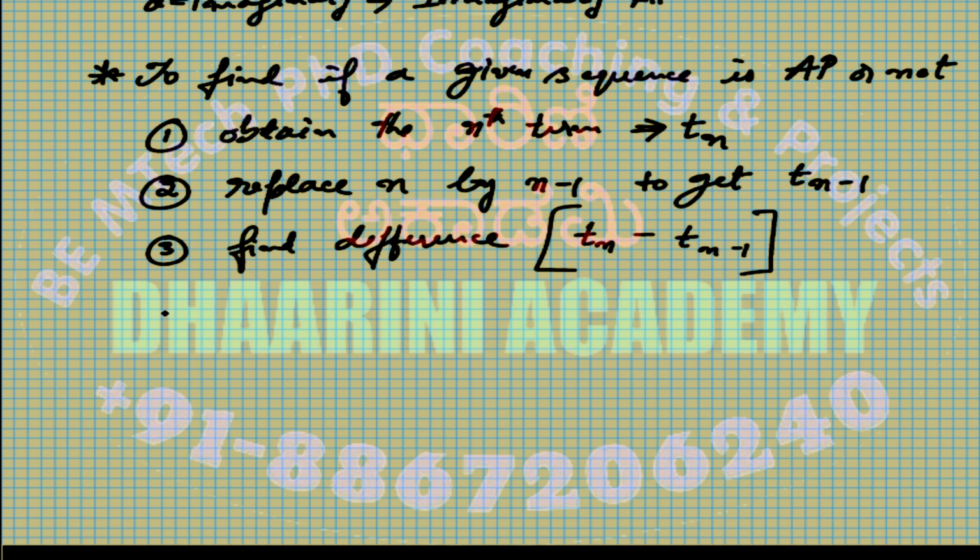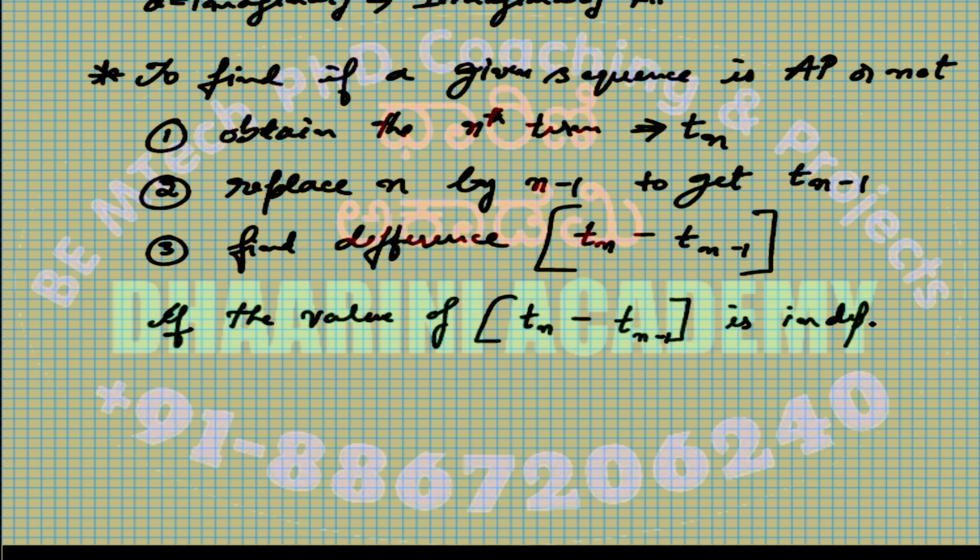So how to identify? If the value of this difference, Tn minus Tn minus 1, is independent of n, so there should not be any term n in that answer, then you can say that the given sequence is an AP.